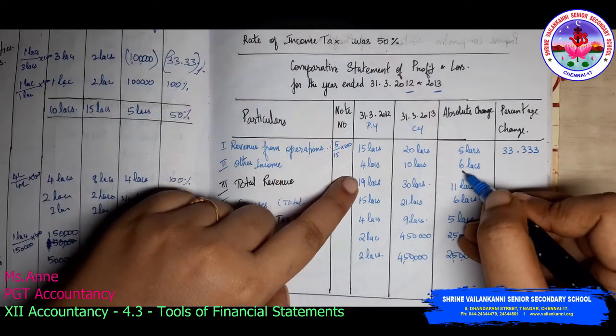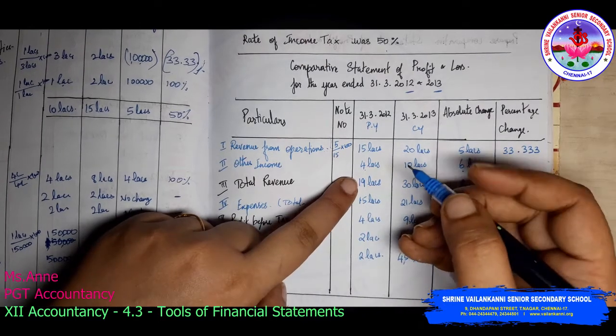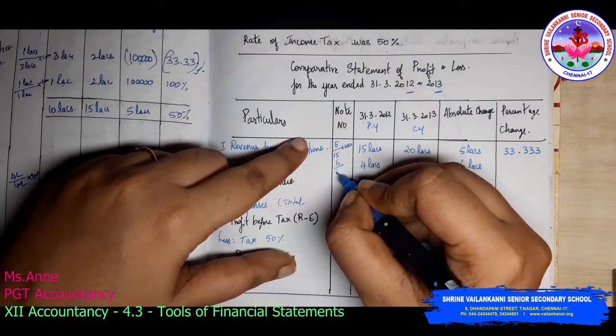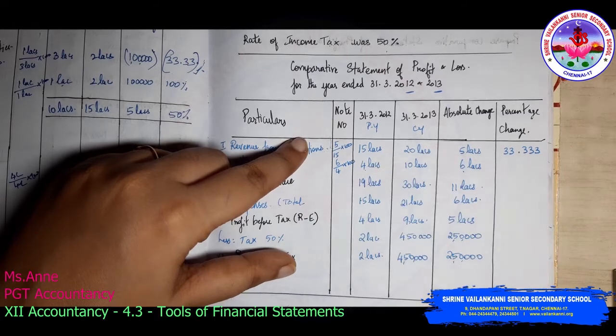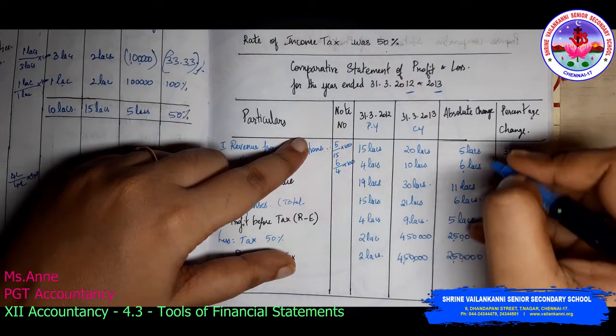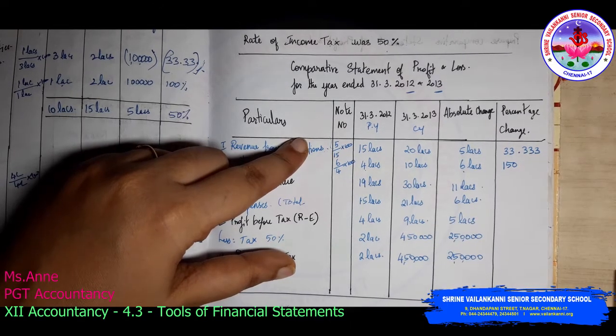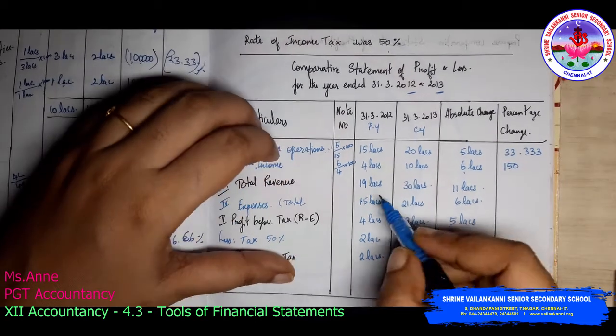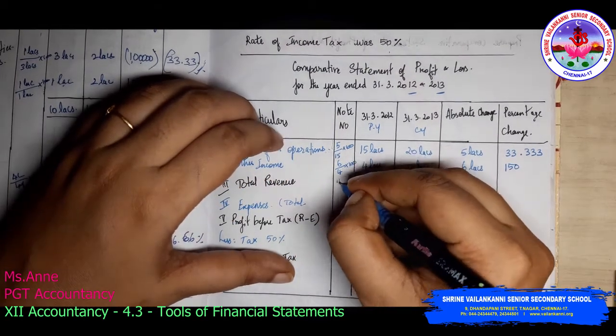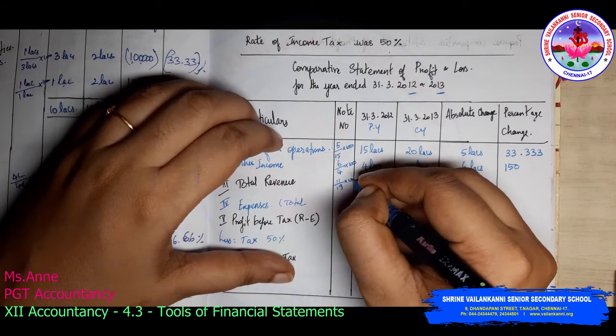Now 6 lakhs on 4 lakhs, it's going to be more than 100%, it is 150%. So 6 divided by 4 into 100 is 150%. Then total revenue, 11 on 19 into 100.